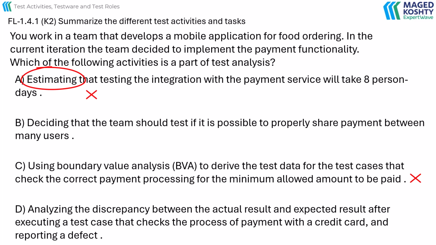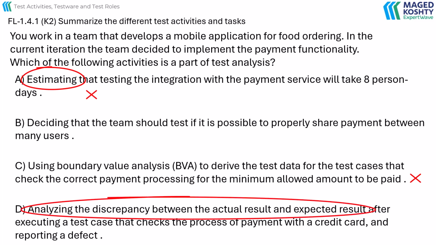Option D. Analyzing the discrepancy between the actual result and the expected result after executing a test case that checks the process of payment with a credit card and reporting a defect. Analyzing the discrepancy between the actual result and the expected result and reporting a defect are also activities that are done during test execution. The correct answer is B.